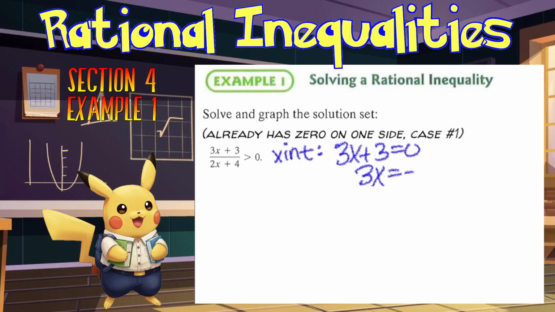That means 3x equals negative 3, so x equals negative 1. So my x-intercept as an ordered pair, because we love an ordered pair whenever we can, is negative 1 comma 0. And since this is invisible parentheses to the first power, my local behavior is linear. So it will behave like a linear at that x-intercept.